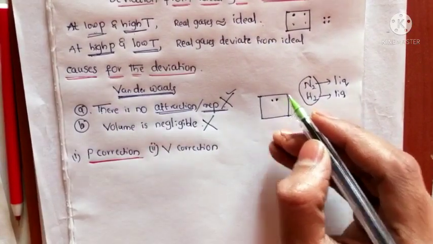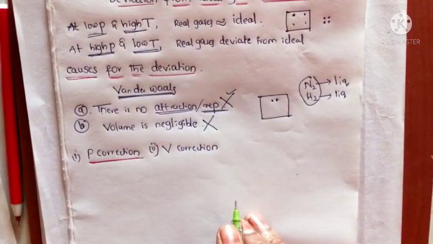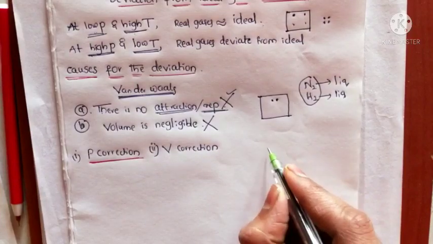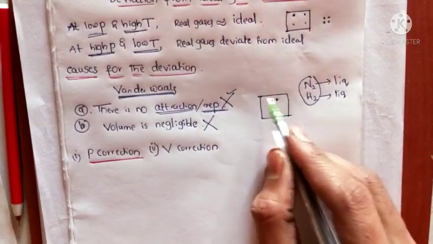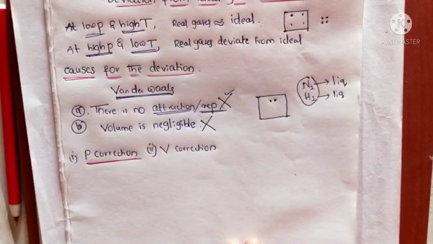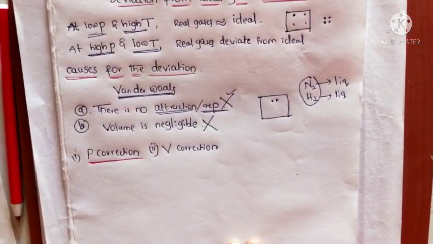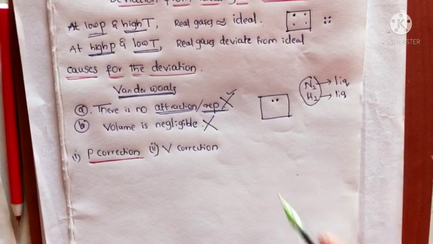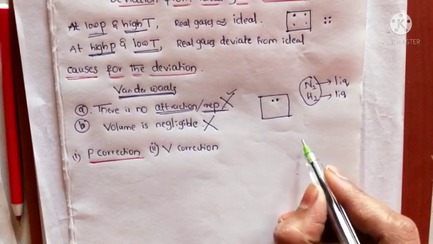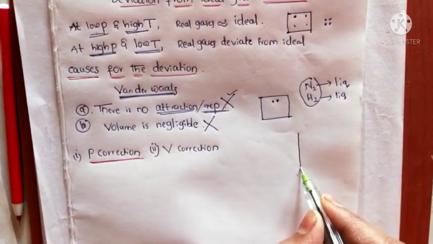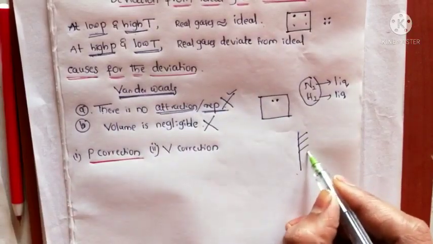Attraction forces are present between them. Next, due to these attraction forces, gas molecules cannot exert pressure strongly on the wall of the container. For example, this is a wall of the container.